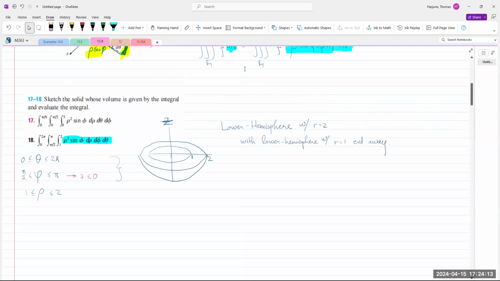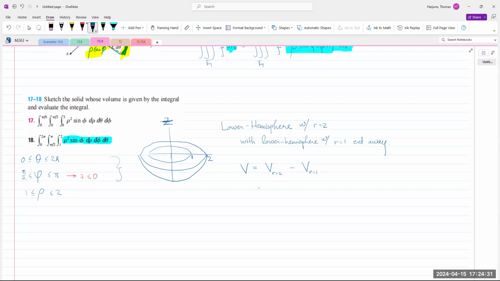How about the volume then? Let's do it with geometry first. The volume, therefore, equals the volume of the lower hemisphere with radius 2 minus the volume of the lower hemisphere with radius 1.